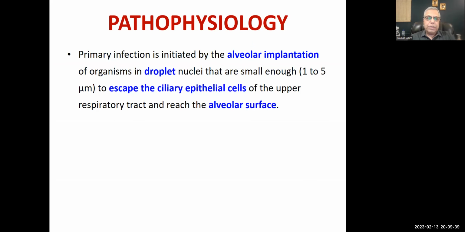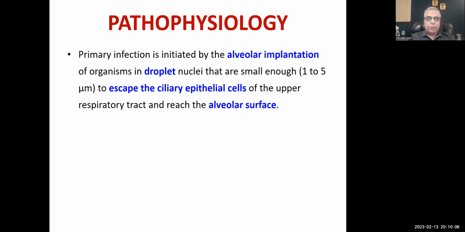Right, so pathophysiology, primary infection is initiated by alveolar implantation. So the droplet is there hanging in the air, and the person breathes it in. Now, most of the droplets, because of the path that they have to traverse, from the nose, it has to bend, and then it has to go into the trachea, and the trachea is dividing 23 times.